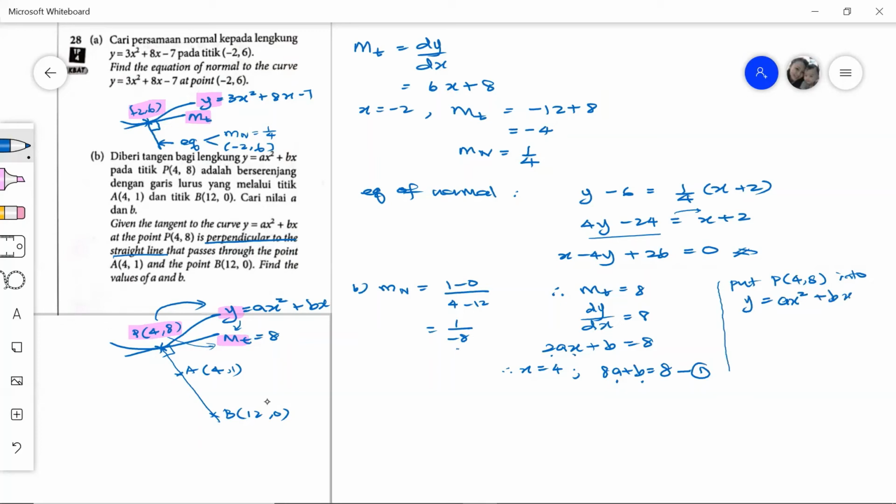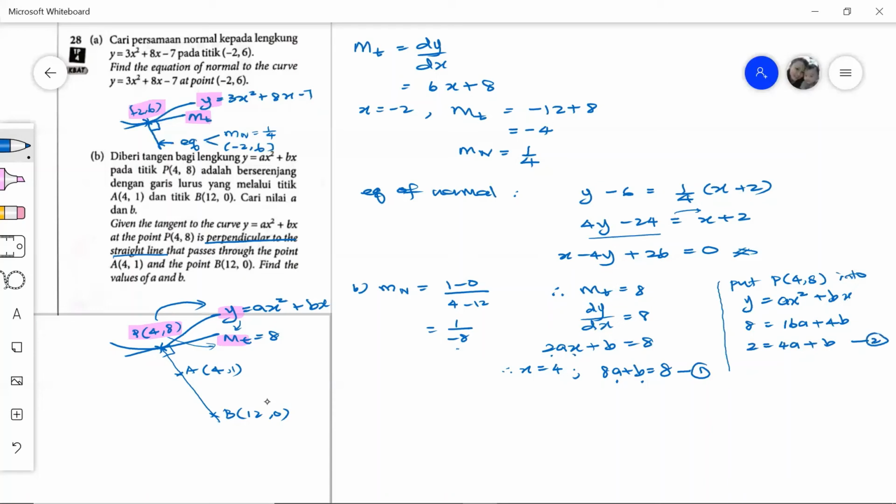When I see the y, I put 8. When I see the x, I replace with 4. So 4 squared gives 16a plus 4b. And this equation can be divided by 4 on both sides. So we have 2 equals 4a plus b. Call this equation 2.